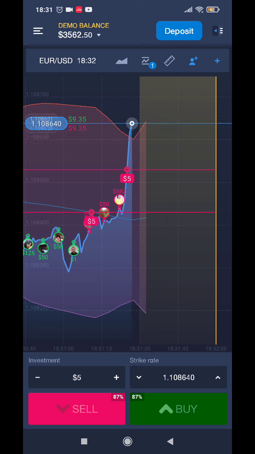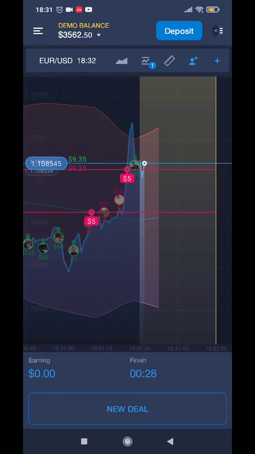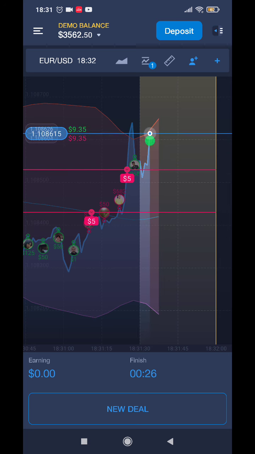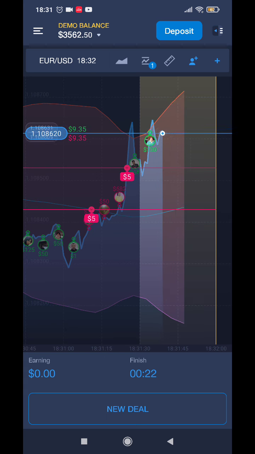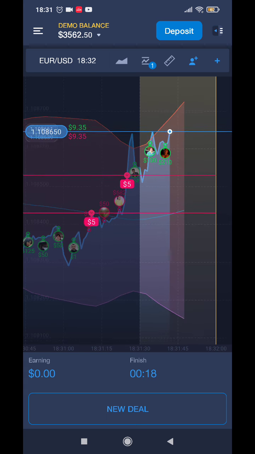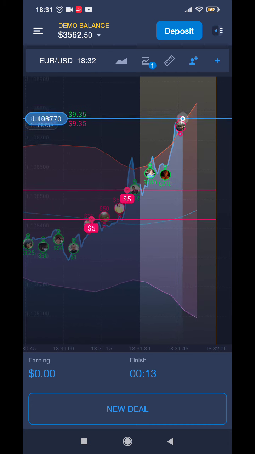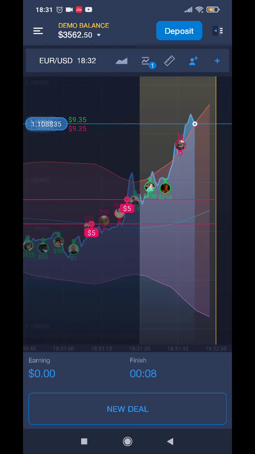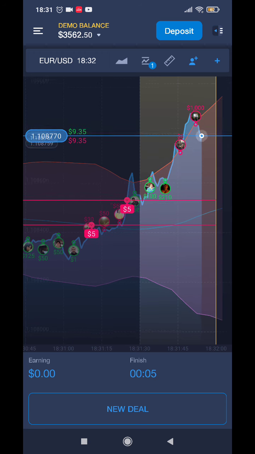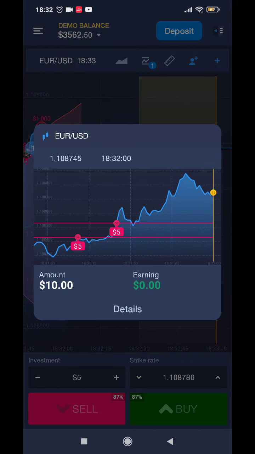Oh, market going up and down. 26 seconds are left. Fourteen seconds are left. 6, 5, 4, 3, 2, 1. $0 earning from $10 amount.